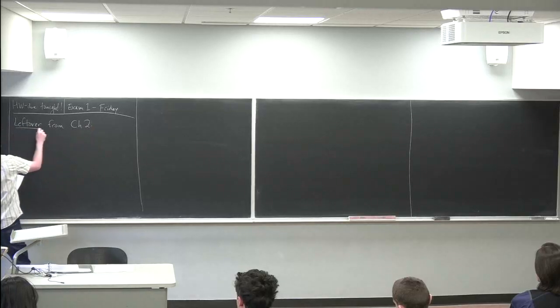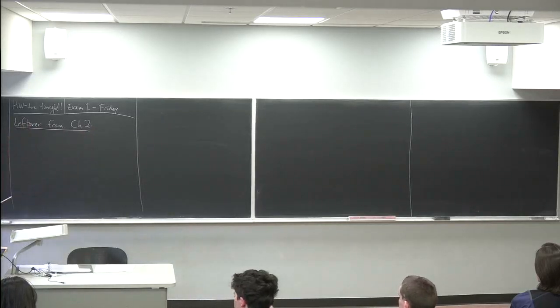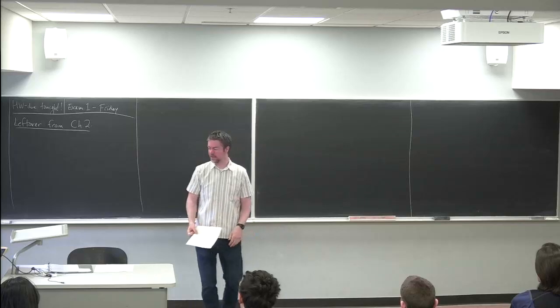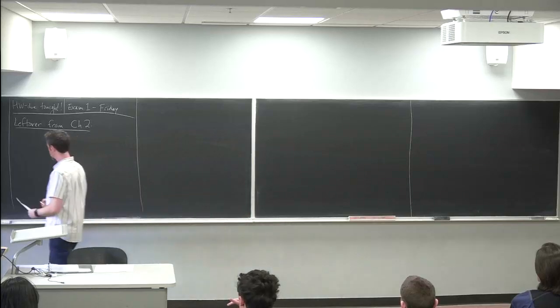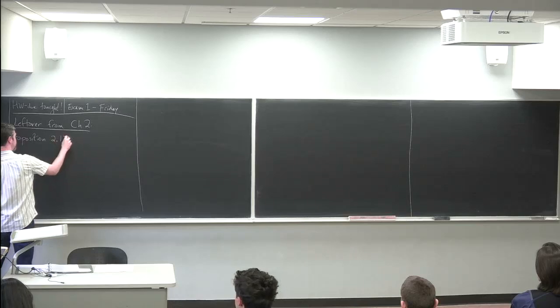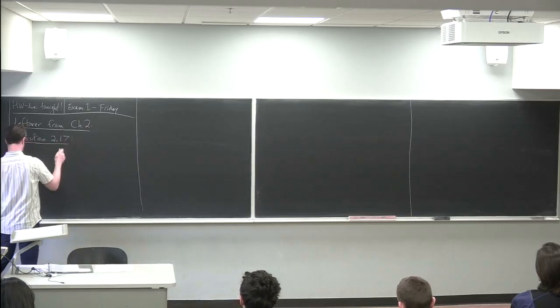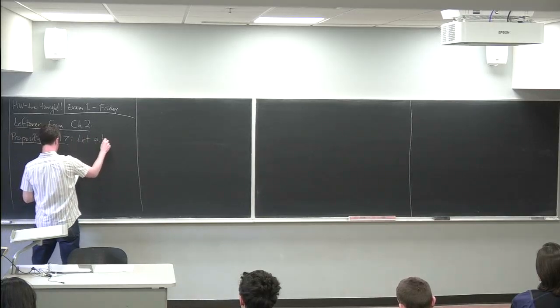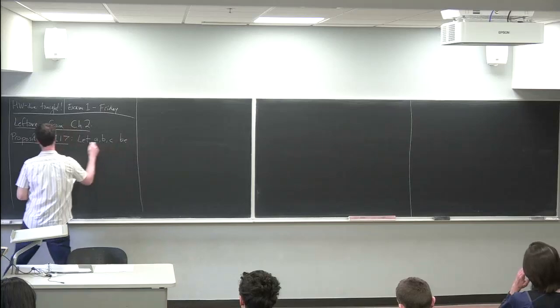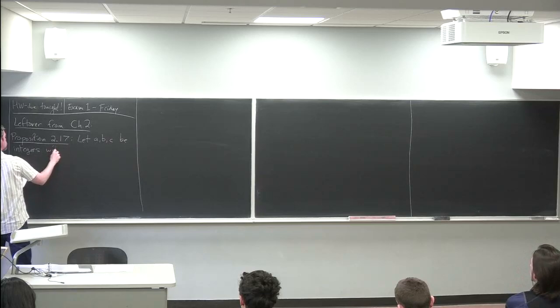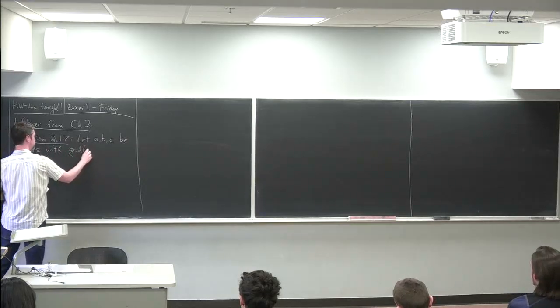Really where it belongs is in this discussion of things you can prove after you learn about GCDs. This is proposition 2.17. You've got three integers, A, B, and C, and A and B are relatively prime to each other.